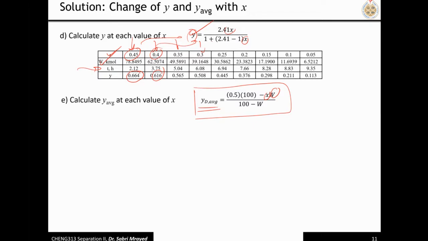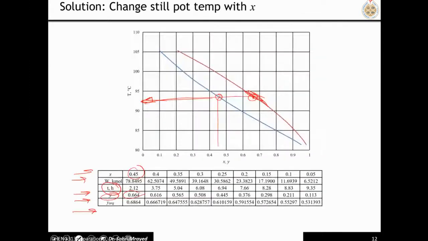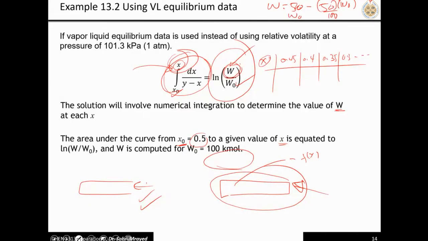I can use the x and w at each point to get y average. And I can get the temperature as well, which is the same, I think. Doesn't change that much. Okay, any questions so far?